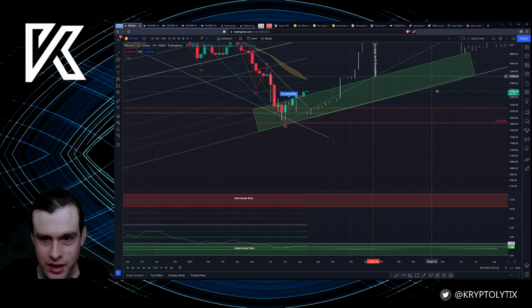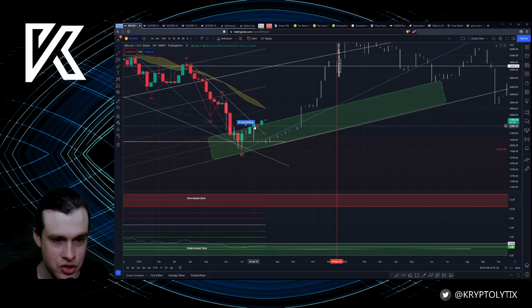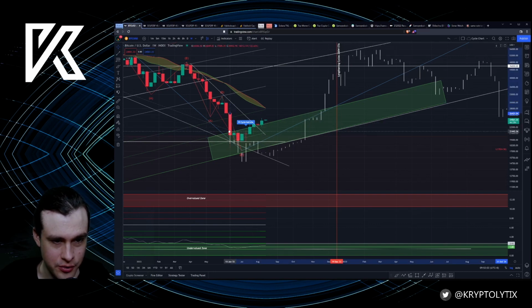Okay, so in 2018 what we did is we had that very fast relief rally back up. So this white line is the ghost bar pattern, and we shot down pretty fast. I guess you could even go from here if you wanted to, but we didn't get down that far, but those were different times.